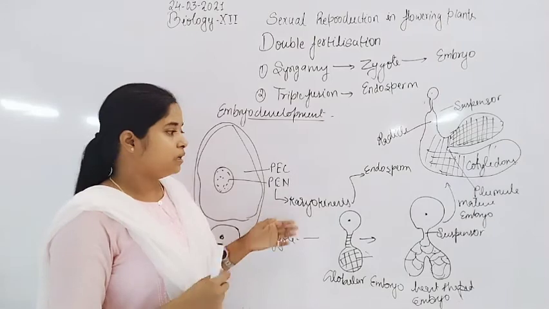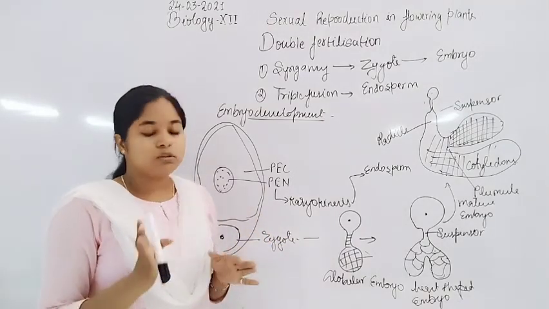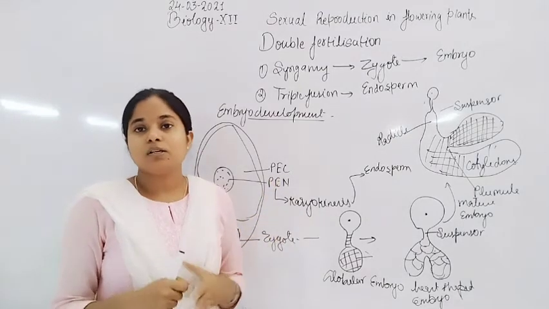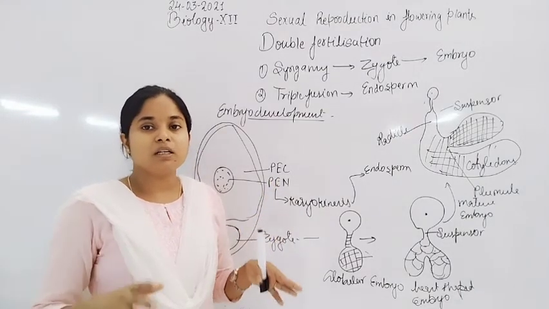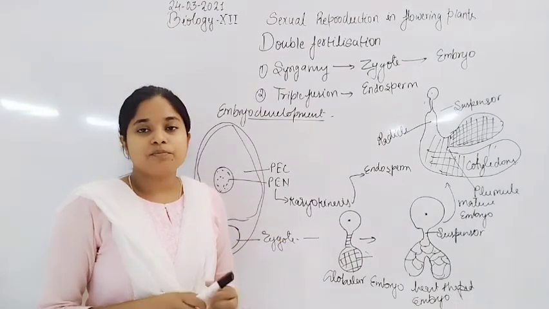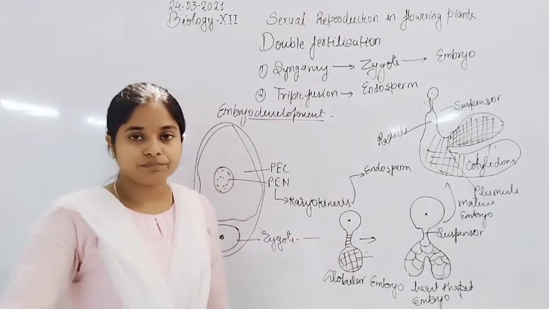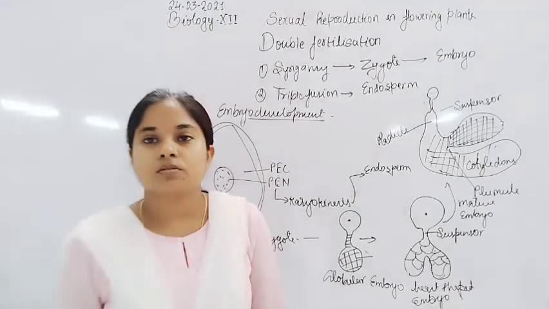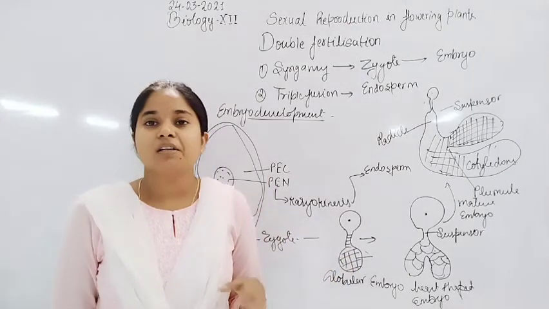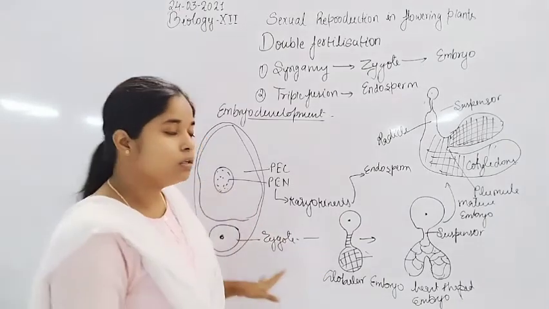The white part of the kernel is the endosperm cell. The liquid part is the free nuclear endosperm. In many plants, the primary endosperm cell is formed by several nuclei formed by several karyokinesis processes.